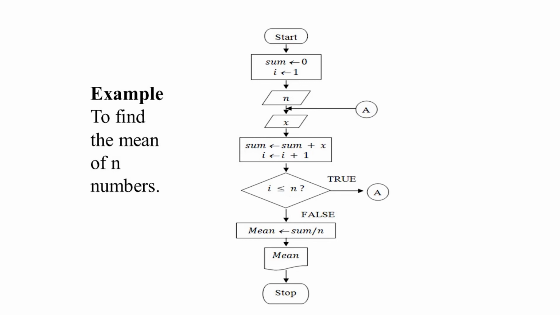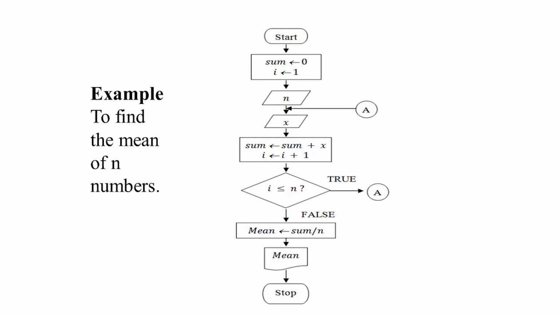In case the value of i is greater than n, what happens? If the condition is false, the next step is executed, which is an arithmetic operation wherein mean is equal to sum by n. You find the average of the n values, and then the output of the program, the mean, is displayed on the display box, and then you come out of the program.